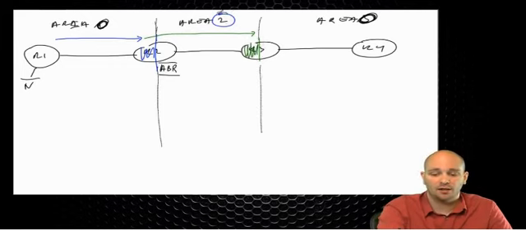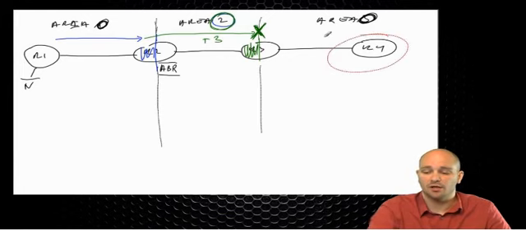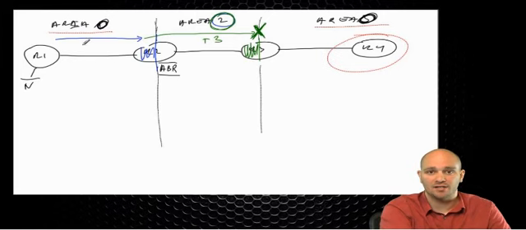But take a look. This is a non-backbone area, and this was a type 3 LSA received in a non-backbone area. What is R3 going to do with it? It cannot use this information for anything, which means that these guys here in area 0 cannot reach the destinations in another area 0.